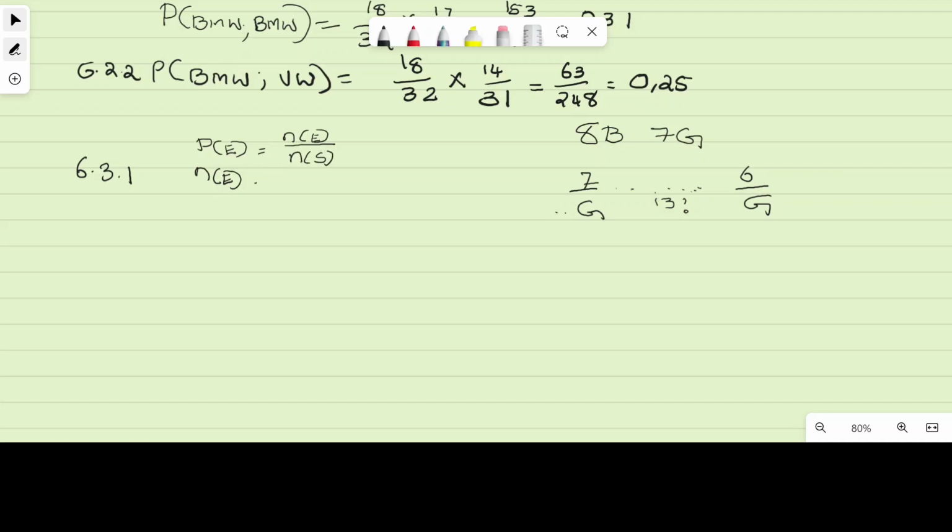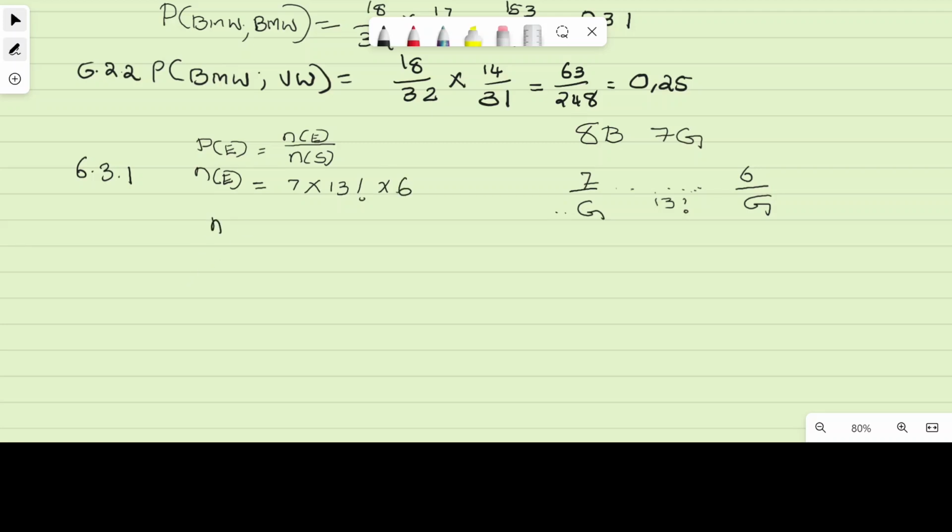So we are now finding the number of outcomes of the event, that is arrangement with the girls at each end, which is 7 times 13 factorial in the middle times 6. That is the number of outcomes of the event.